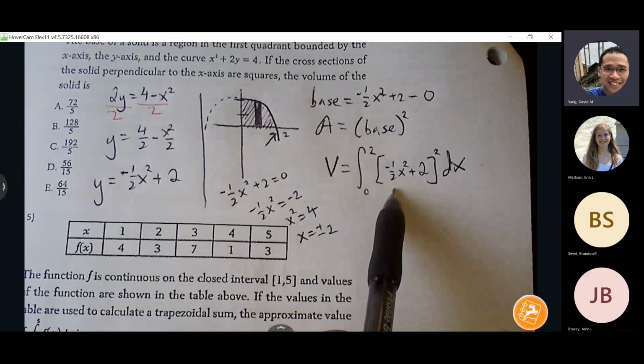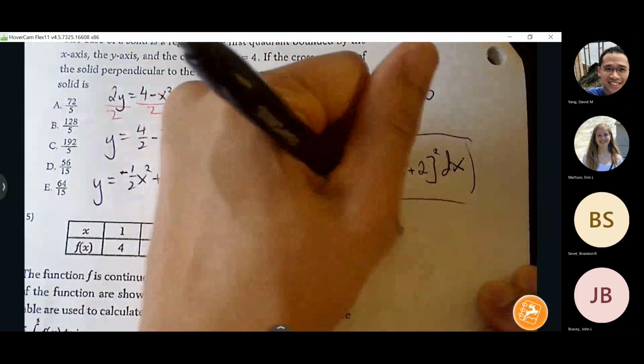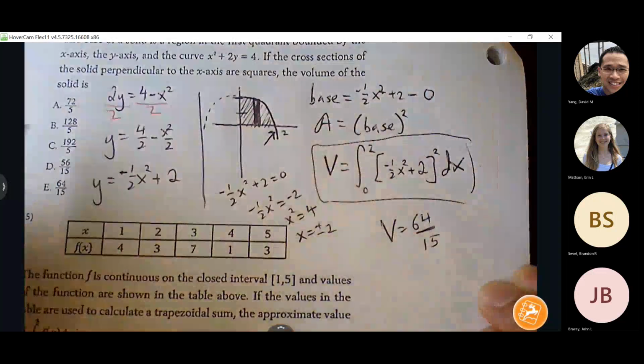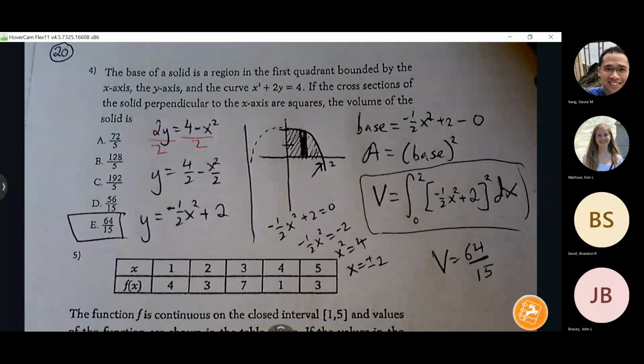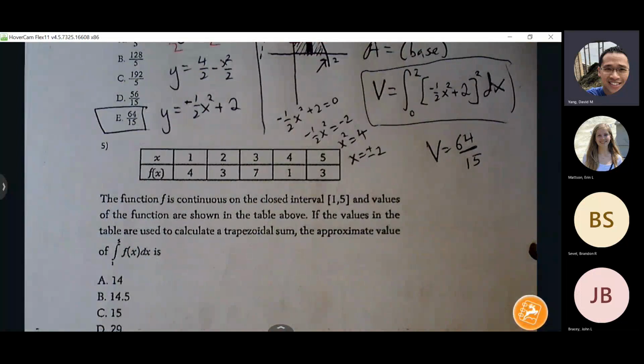Now, if you get to this point, and because I'm giving you a calculator, you can just plug this into your calculator. Okay, questions so far?